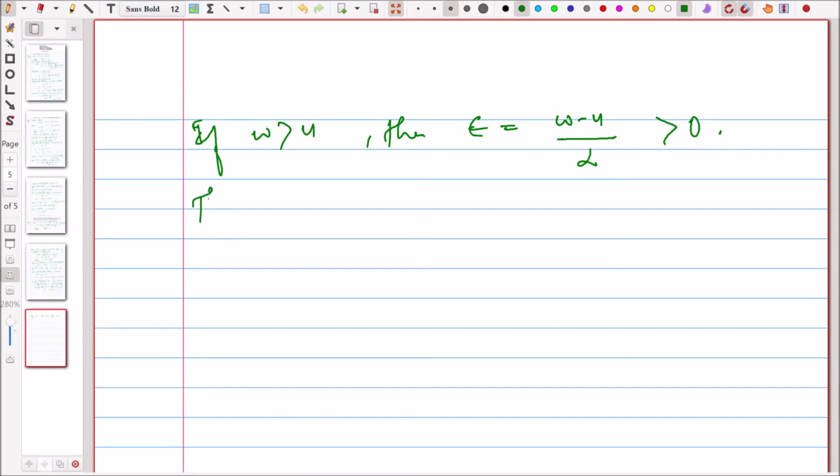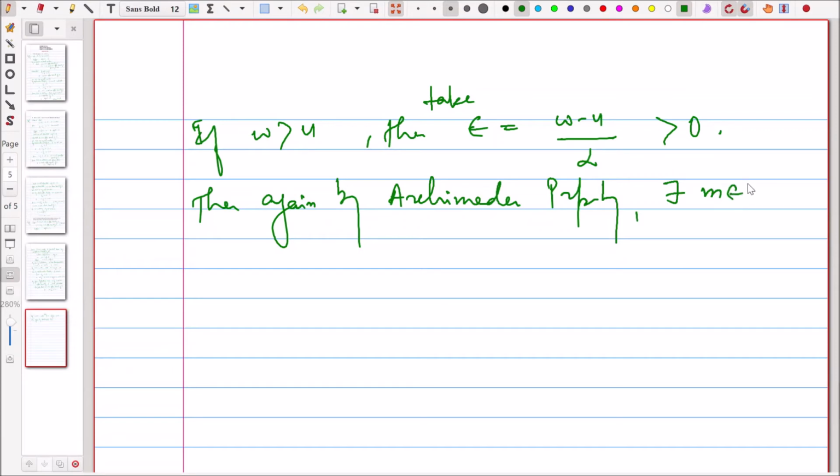Then again by the Archimedean property there exists m belonging to N such that 1 by m is less than epsilon.